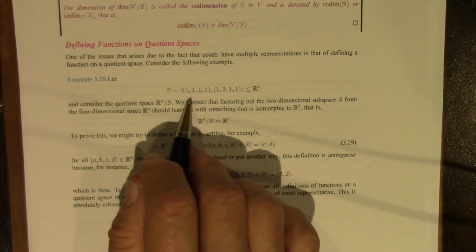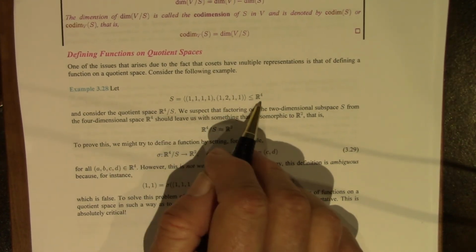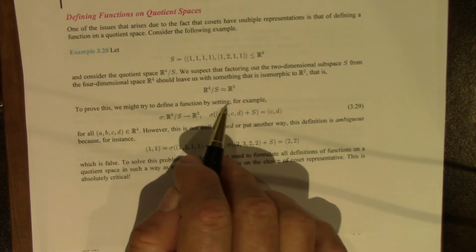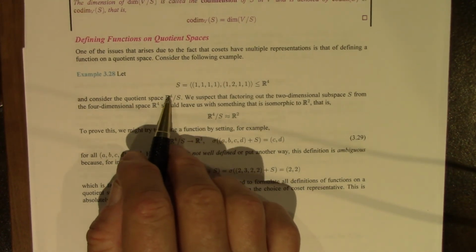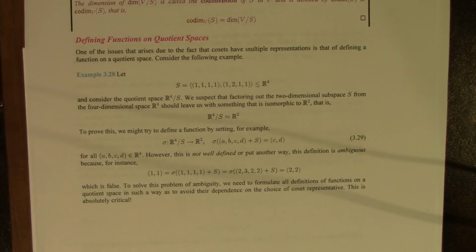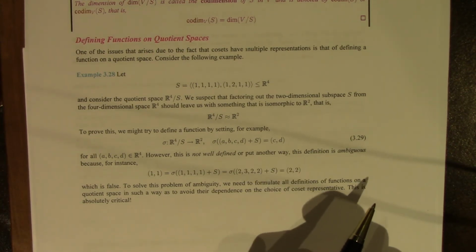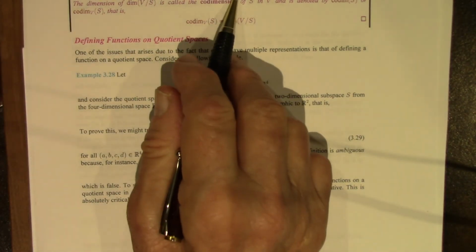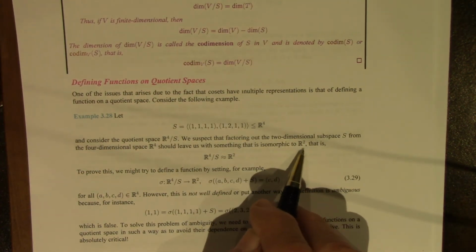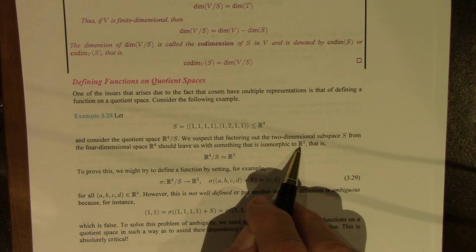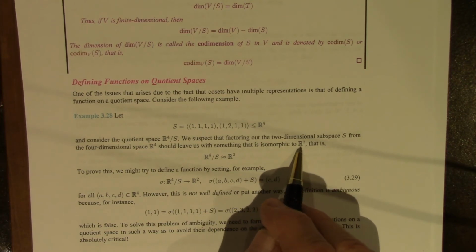As an example, let's look at this two-dimensional subspace of R^4 and consider the quotient space. Now, when you take R^4 and you factor out a two-dimensional subspace, you might suspect that the quotient space should be two-dimensional, which it is according to our formula here, and therefore isomorphic to R^2 in some reasonable, natural way.